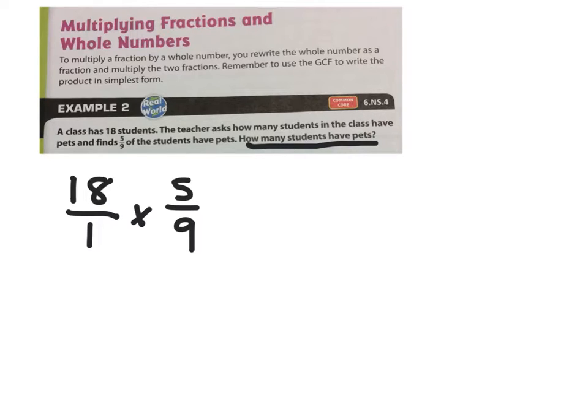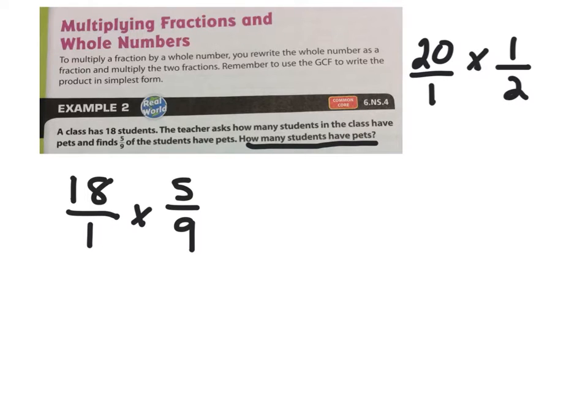Okay, the first thing I might do is make an estimate. So I might look at 18, let's say 20 would be my estimate. And then I might multiply that, and I can do 20 over 1 if I want to, times 5/9, which is close to 5/10. So I'm going to convert it to 1/2.